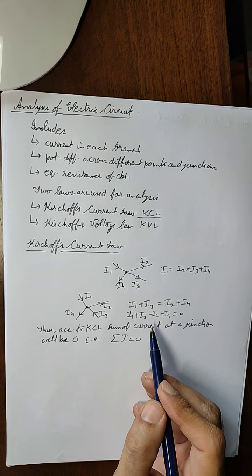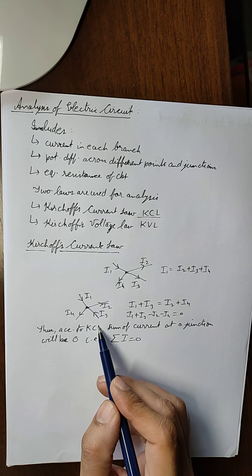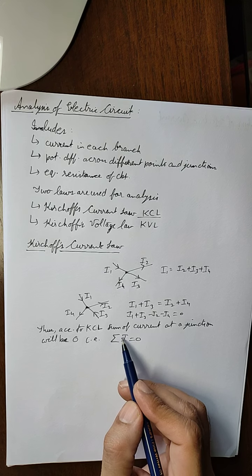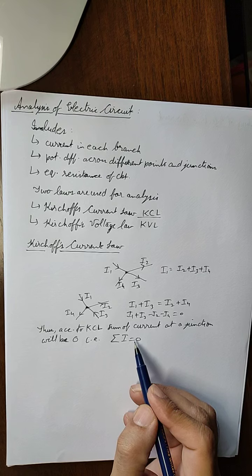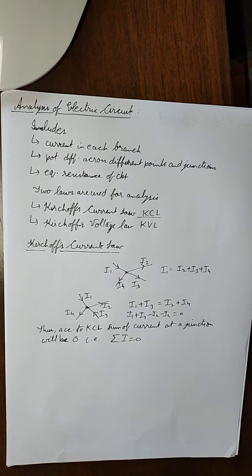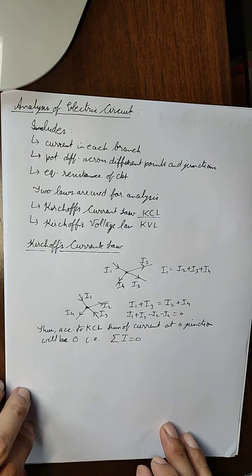But whatever direction we take, this law is always justified, and it always gives the summation of current at a junction equal to 0. So this is the basic definition of Kirchhoff's current law. Now we will study how to apply this law. We will take an example and see how to apply it.